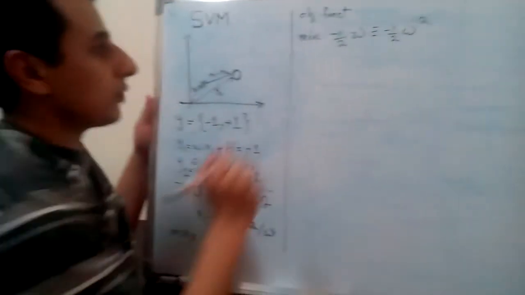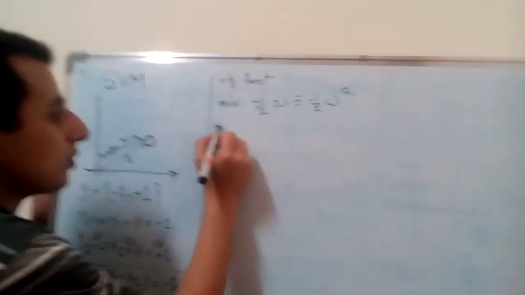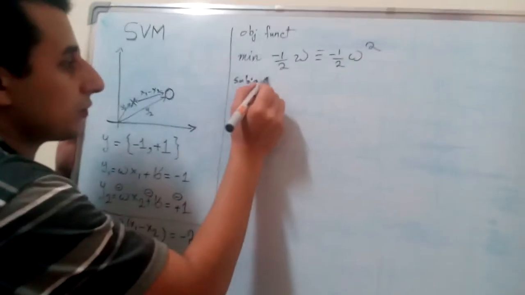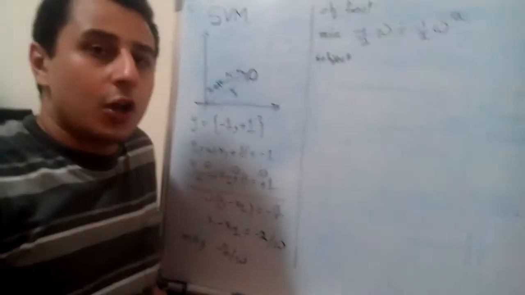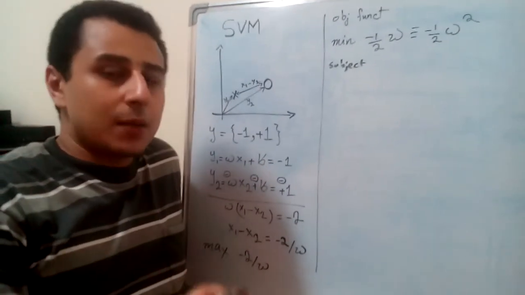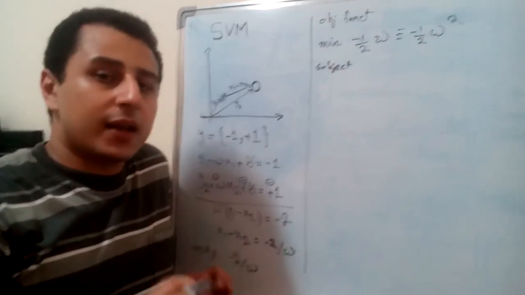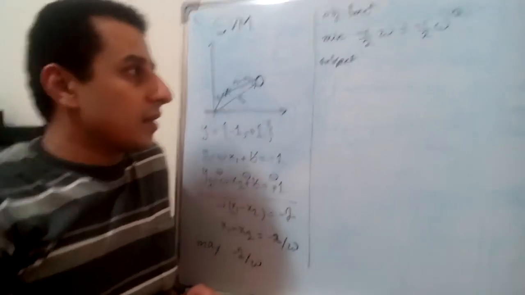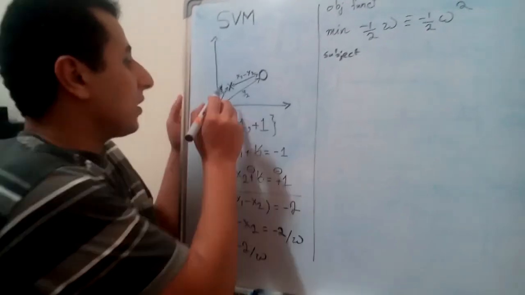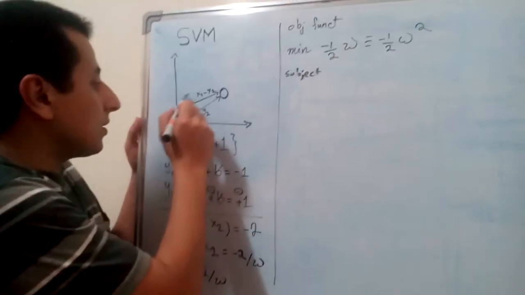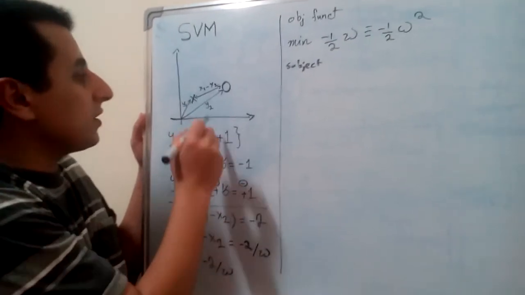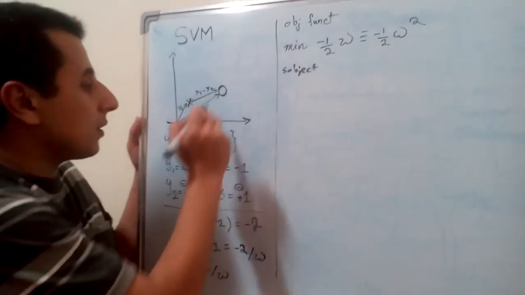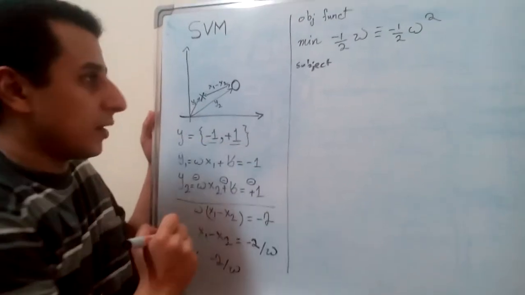What about the constraints? This equation will be subject to the following constraint. The constraint simply in literal English would be that every sample in our dataset is classified correctly. That means for every sample that belongs to the first class, our equation should yield a -1 value, and every sample that belongs to the second class, our equation should yield a +1 value.